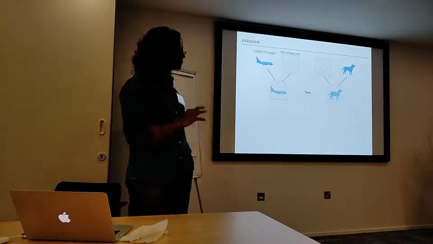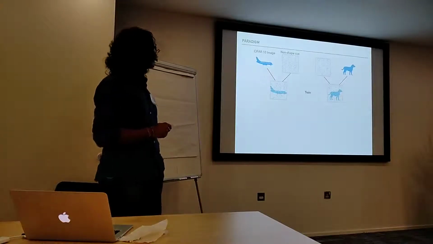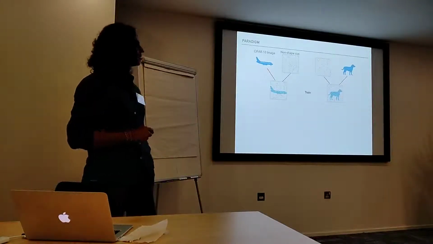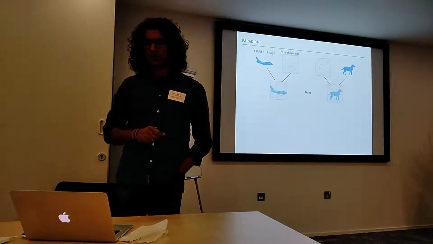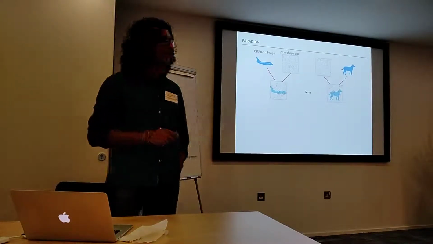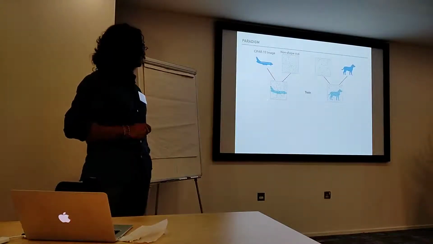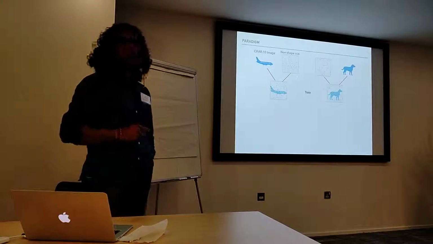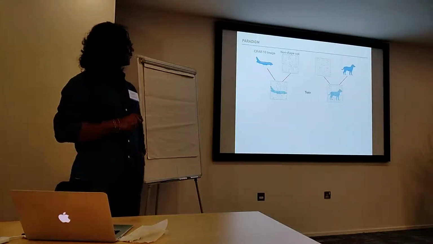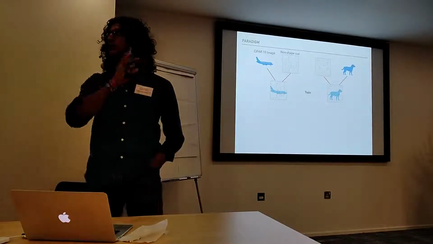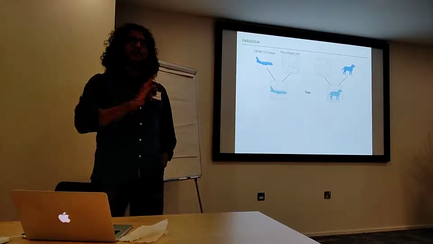Okay, so this is more specifically what it looks like. So you take an image from the CIFAR10 dataset. So the silhouette there of the plane represents an image from the CIFAR10 dataset, and you construct images like these, with a noise-like mask on them, and you do that by combining the image with a non-shape cue, which is this noise-like mask. You do that for all the images in the entire data set.